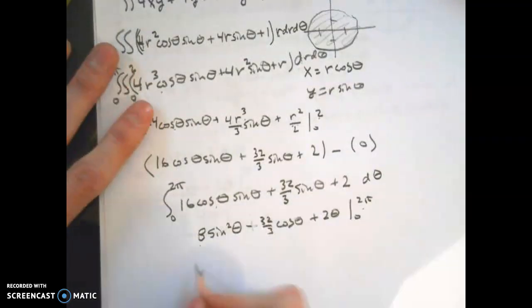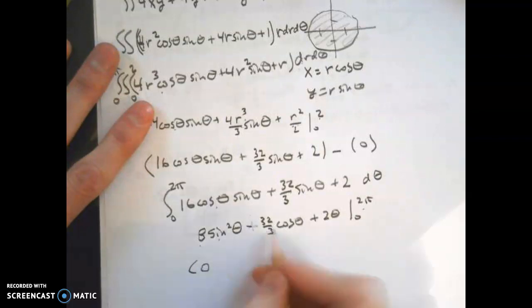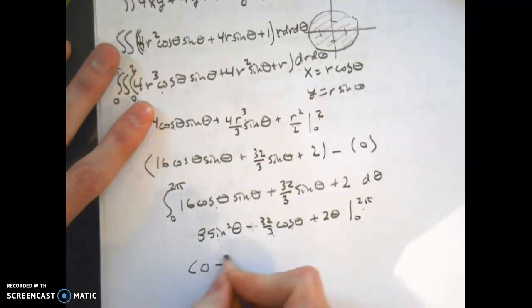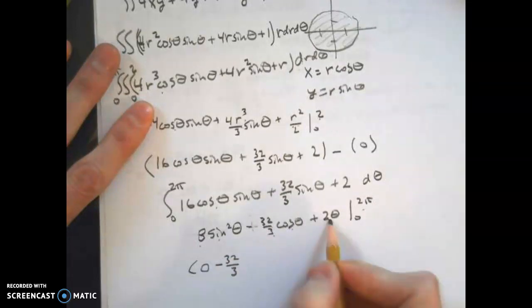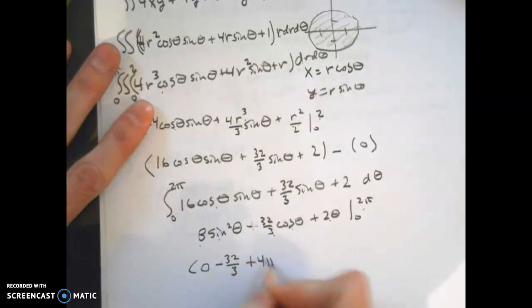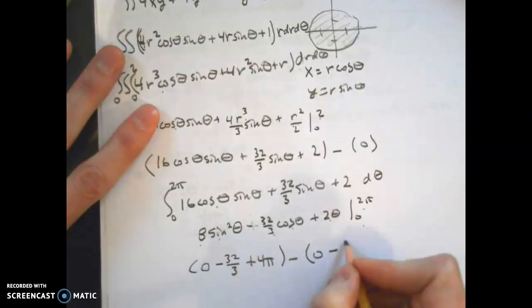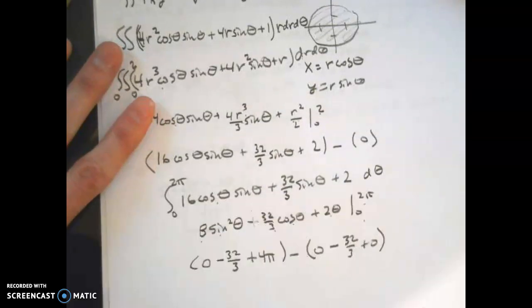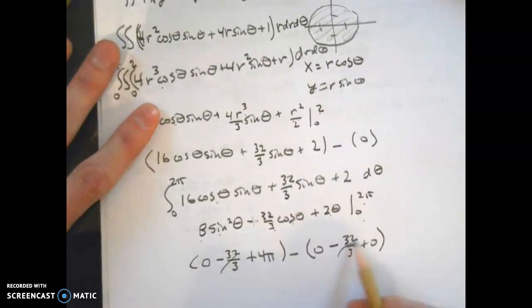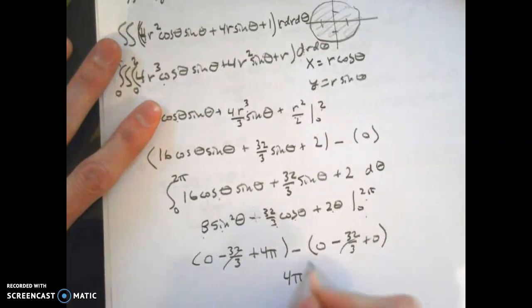Okay, plugging in 2 pi, we're going to get 0. Cosine 2 pi is 1, so minus 32 over 3 plus 4 pi, minus, now plug in the 0, 0 minus 32 over 3 plus 0. Okay, this one and this one cancel, and you get 4 pi.